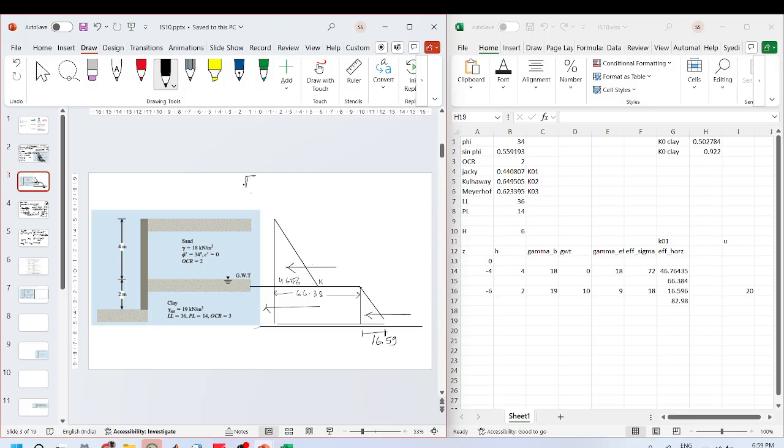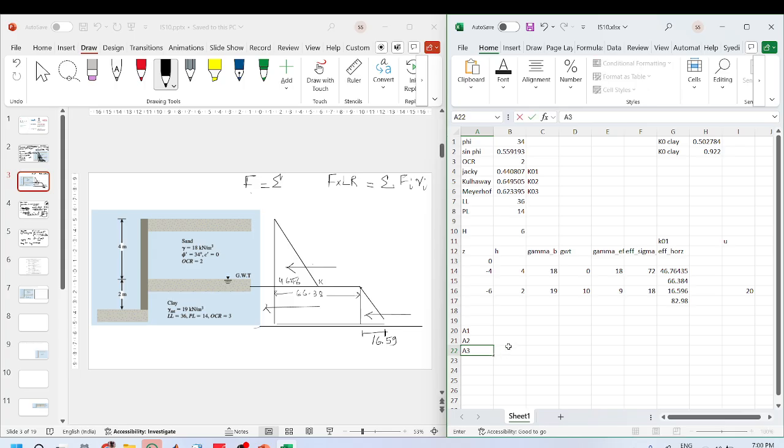The total force is the sum of all these forces, and total force into your lever arm will be equal to the sum of individual force multiplied by their center. Let's say this is area 1, area 2, and area 3.